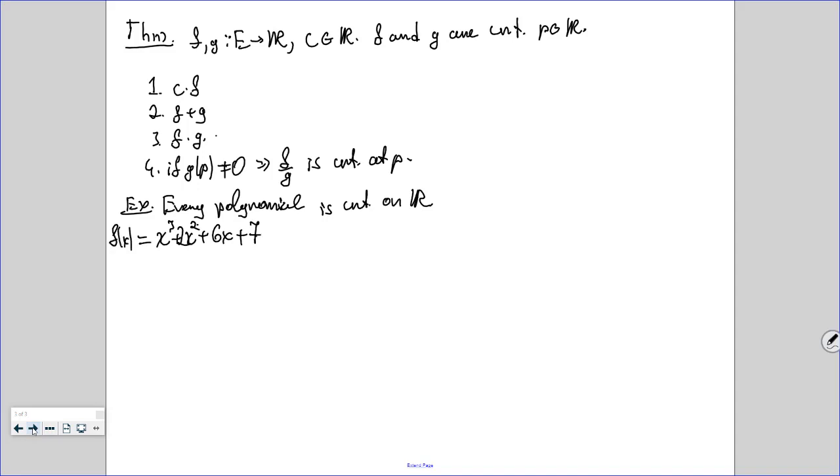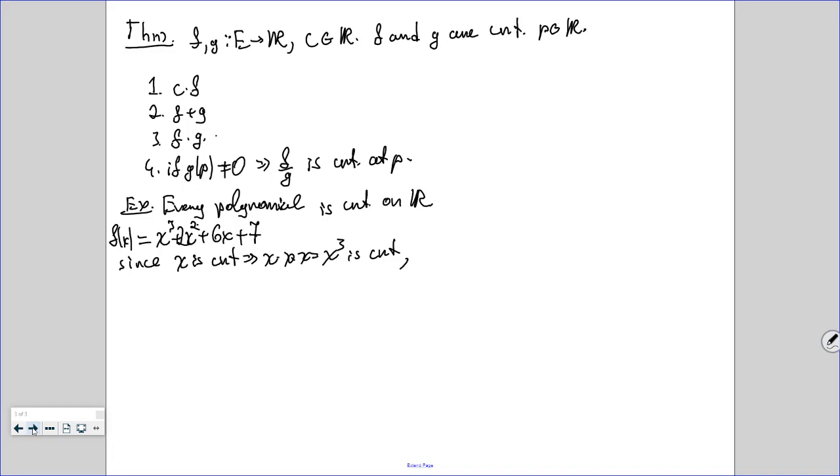Then, using only the theorem above, since x is continuous, x times x times x equals x cubed is continuous. In the same way, 2x squared and 6x are continuous, and the constant is also continuous.